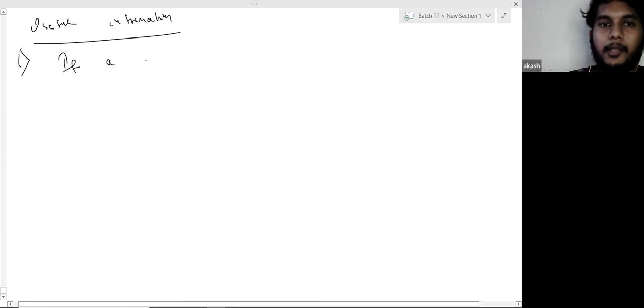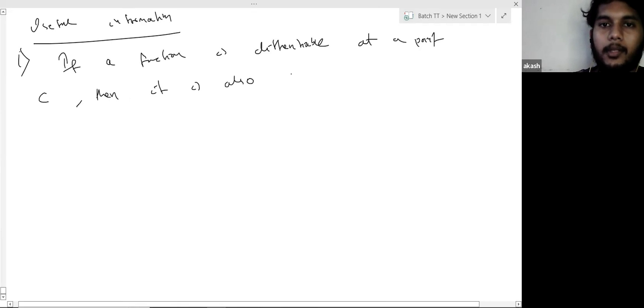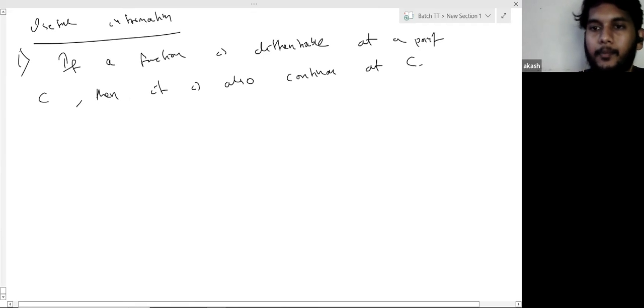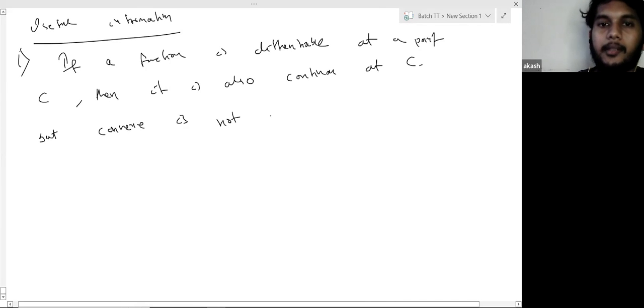If a function is differentiable at a point C, then it is also continuous at C. All right, but the converse is not necessarily true. What does this mean?